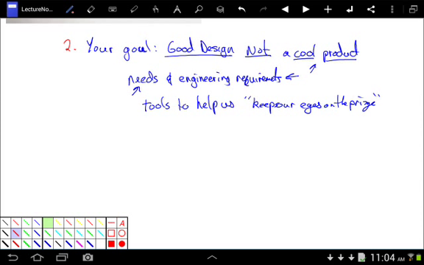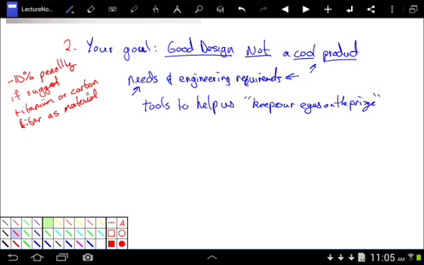I'm toying with this idea this semester. But for example, there will be a negative 10% penalty if you suggest titanium or carbon fiber as a material, and it doesn't clearly warrant it, right?